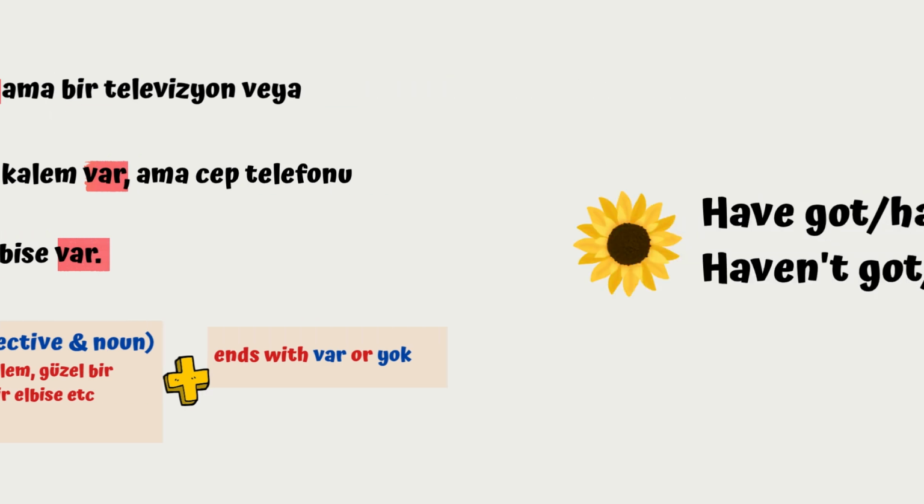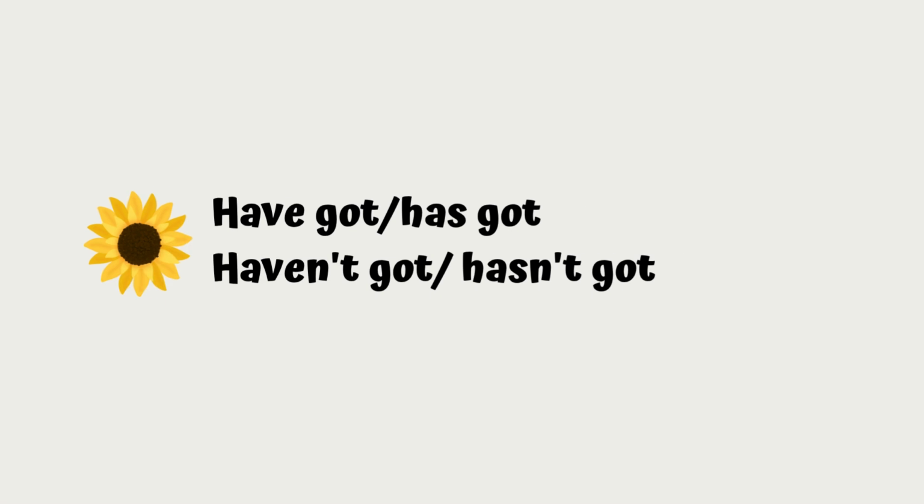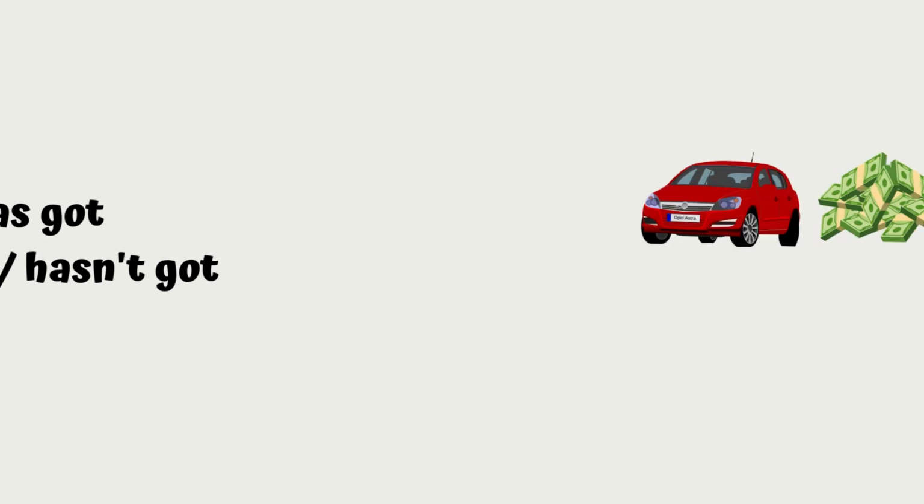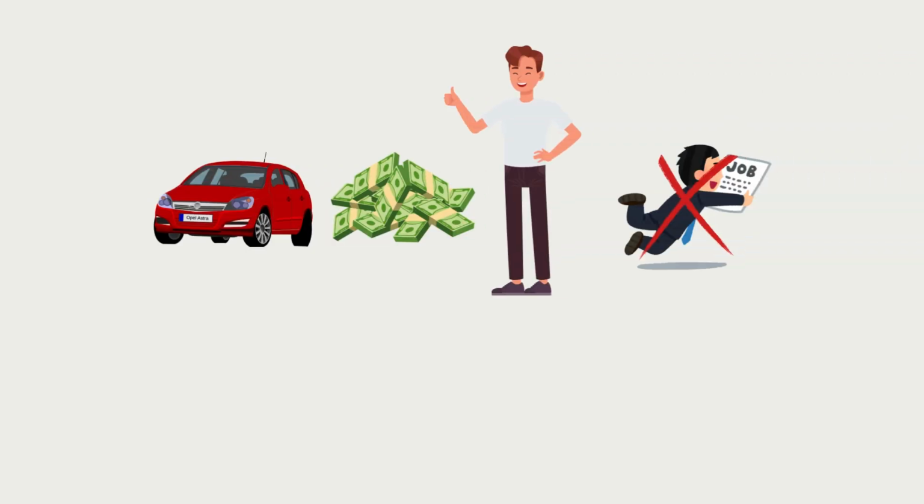Okay, let's take a look at the other use, other meaning, other form of var and yok, which is have got, has got, or haven't got, hasn't got. So we have this picture. So what has he got? He has got araba, para. However, he hasn't got iş.